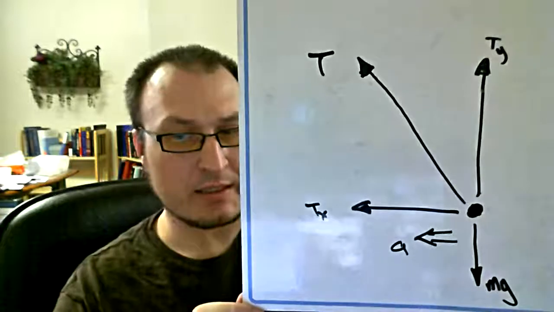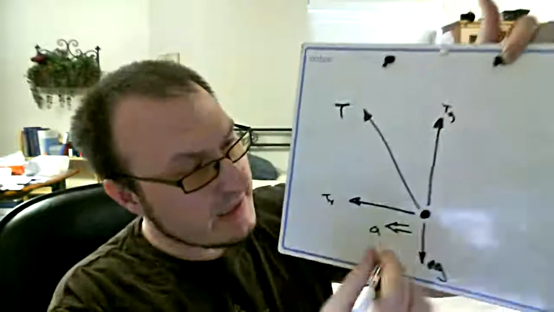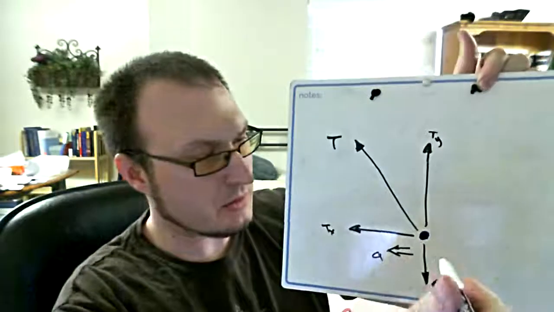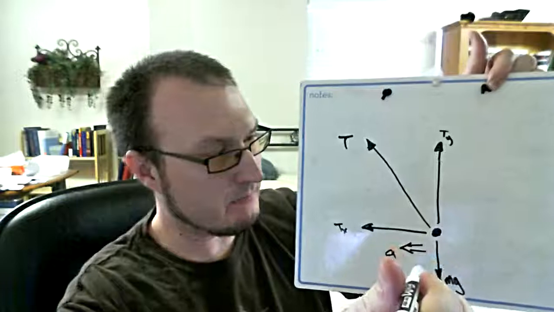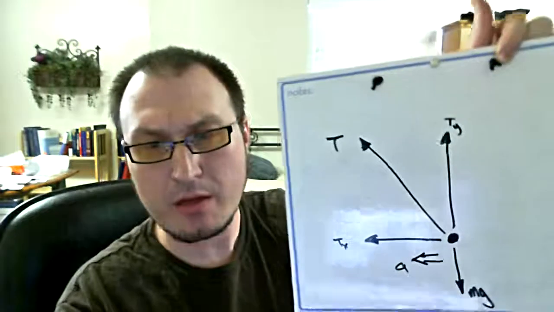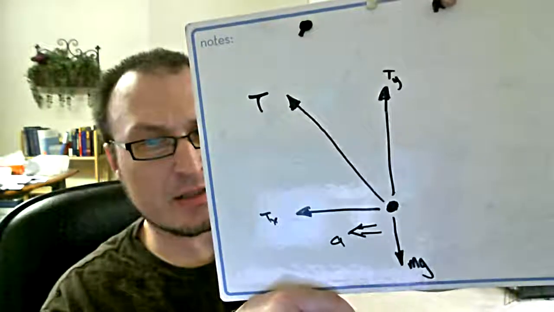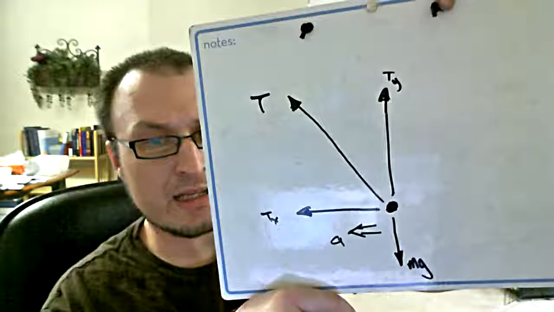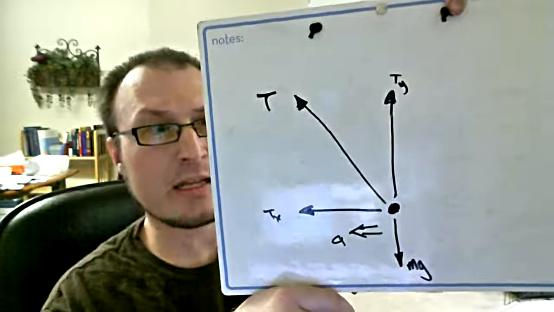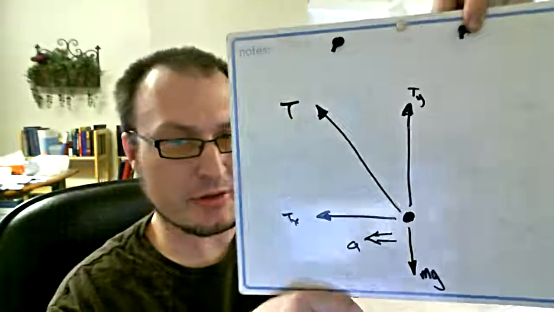The velocity is into my whiteboard here, so at this point the bob of the pendulum is going that way into the board. And I can start working here very quickly. If I can solve the y and x components for T, I can add them as vectors and get the magnitude of the tension just like that.